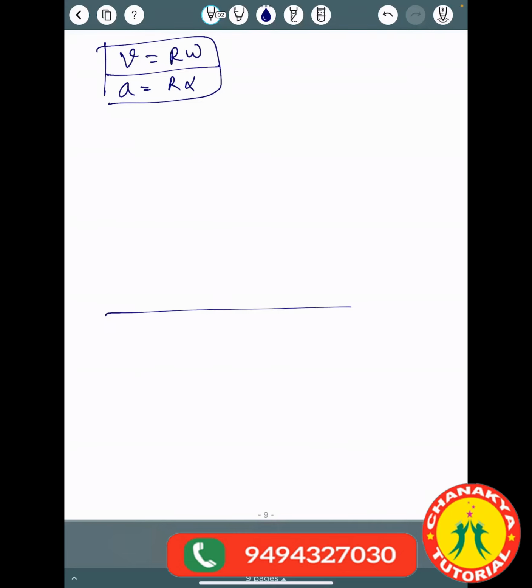Now, what he's saying is there is a disk, height h. There is a disk which is moving with a velocity v. If it is moving with velocity v, it is the velocity of the center of mass. Now they are saying that it starts moving up an inclined plane and reaches some height.